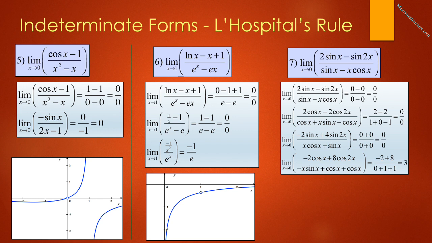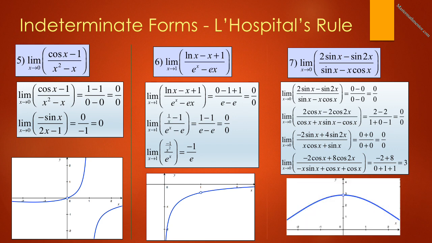So, one more time, the limit as x approaches 0 of negative 2 cosine x plus 8 cosine 2x all over negative x sine x plus cosine x plus cosine x. And plugging in 0, we get negative 2 plus 8 over 0 plus 1 plus 1, which is 6 over 2, or 3.